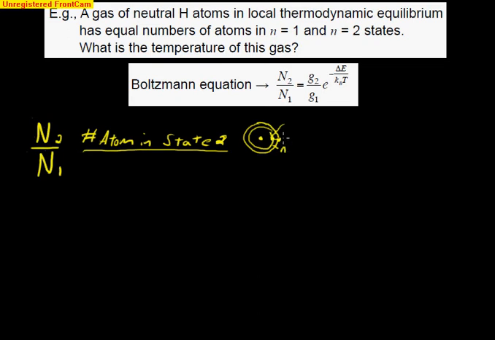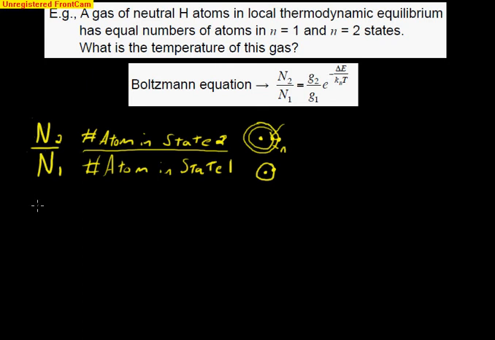So that's a second state of excitation of the atom. And our problem gives us that the number of those atoms is equal to the number of atoms in state 1, which is the lowest energy level. So the number of these two atoms are equal, so it's a 50-50 ratio.